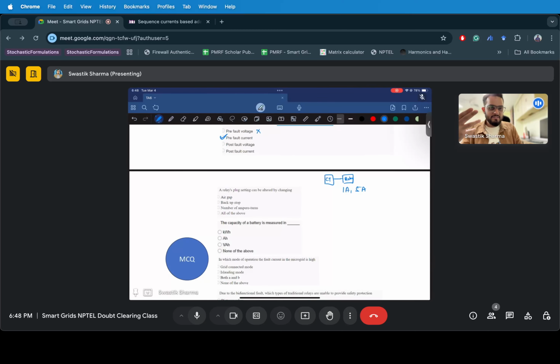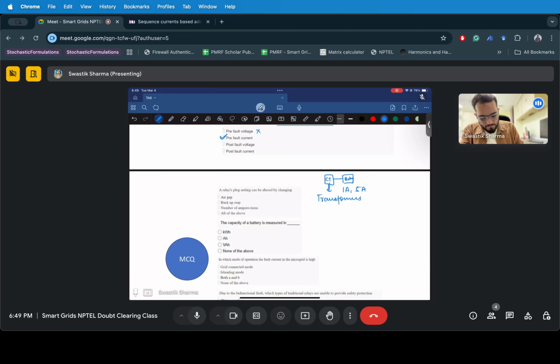Now to change this plug setting, you can change the number of ampere turns connected to your CT. Once you change the number of ampere turns, you are essentially changing the amount of current it is experiencing. This is a transformer, so what happens when you change the ampere turns?